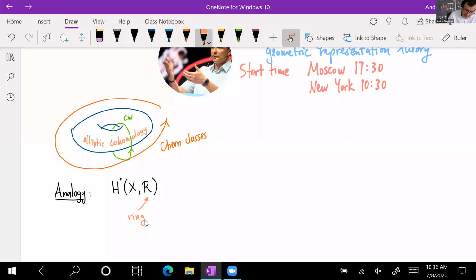And so this is cohomology of some complex. So there's a chain complex. This is our i-th chain, the differential goes to the (i+1)-th chain, and so forth.